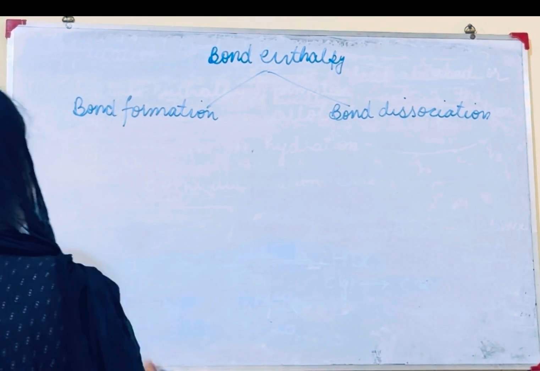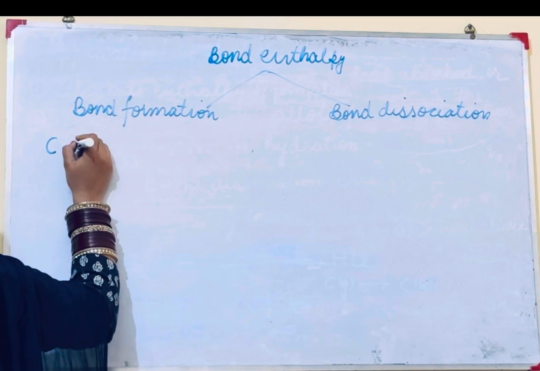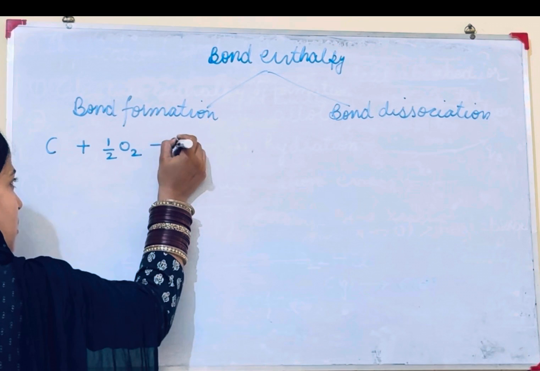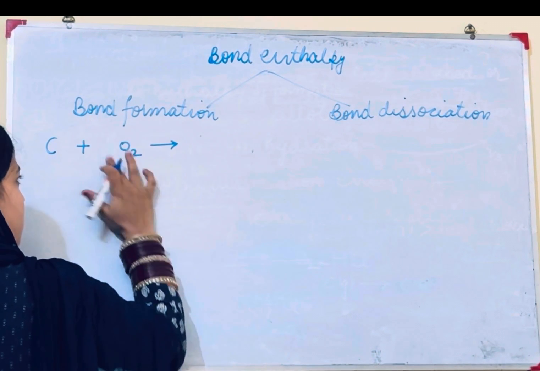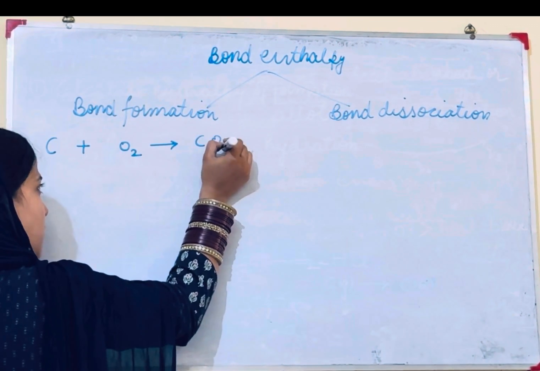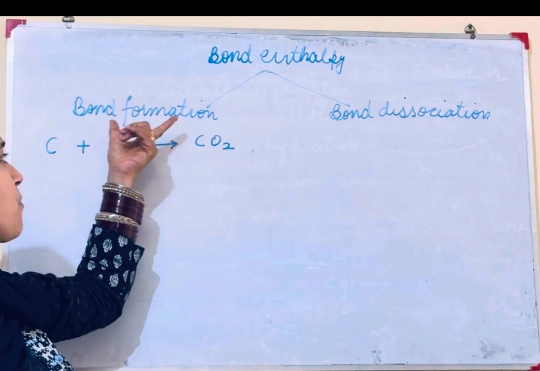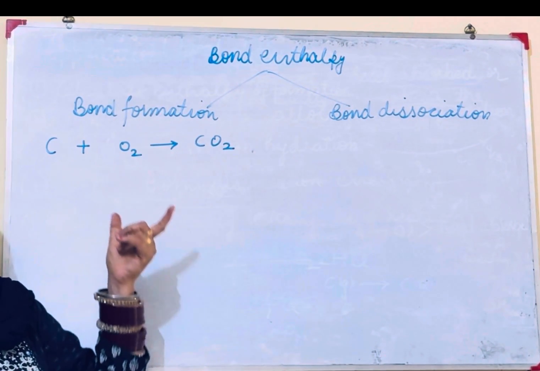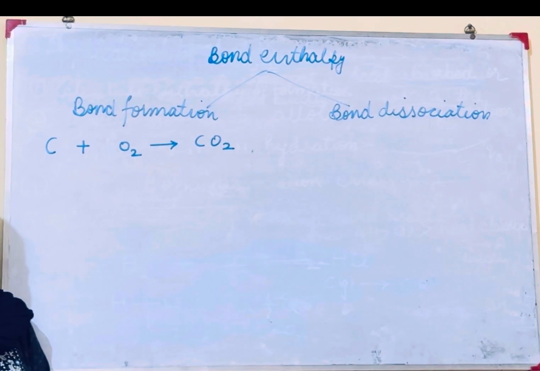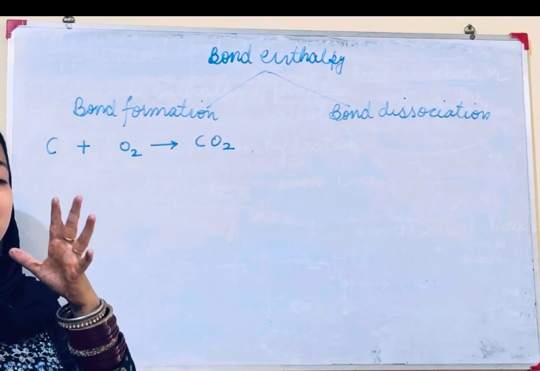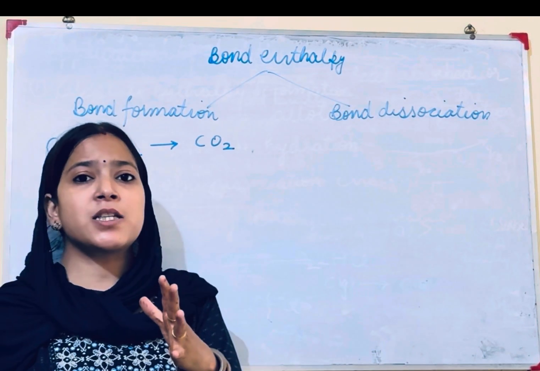For example, this is one element and this is another element. Here we form CO2. So basically in this reaction there is a bond formed between carbon and oxygen. So if the bond is formed between carbon and oxygen, there is some amount of energy released.